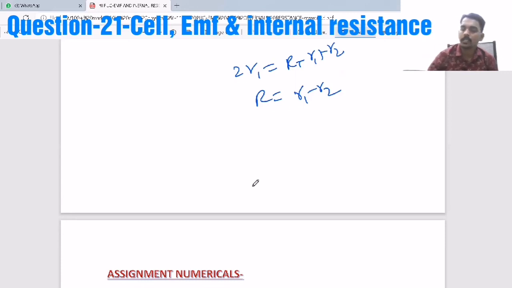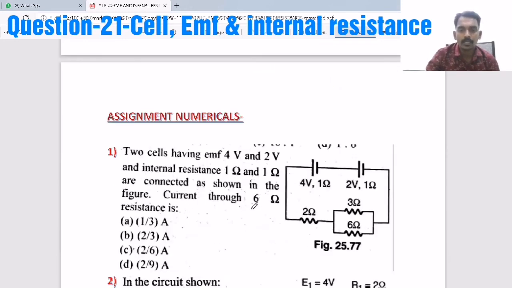All those things, based on that, they will ask the question. So please try to remember one thing: in case of charging and discharging, the potential difference across the terminals of the battery is different. That is epsilon minus IR in case of discharging, epsilon plus IR in case of charging.